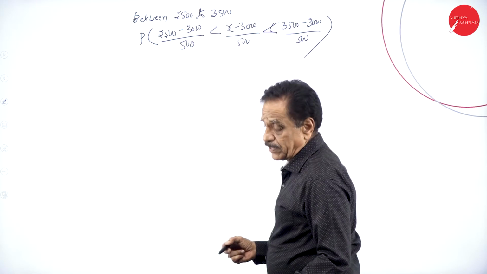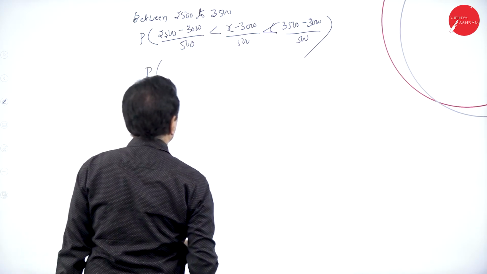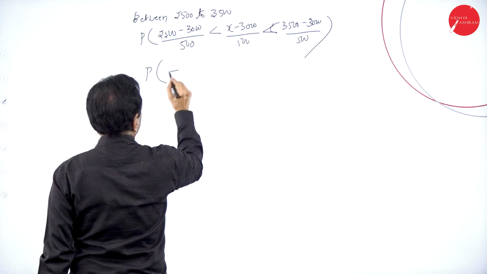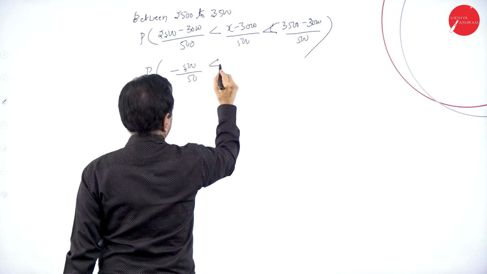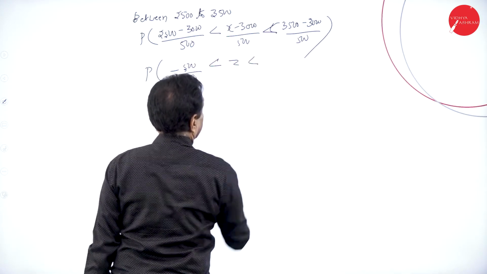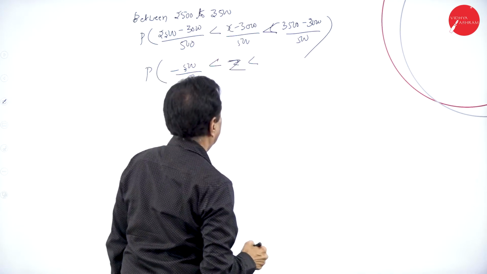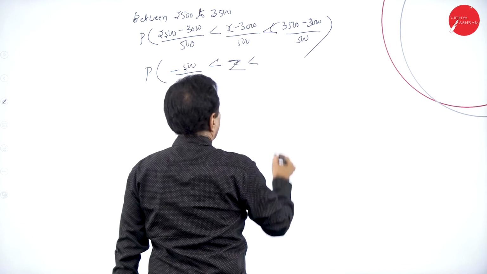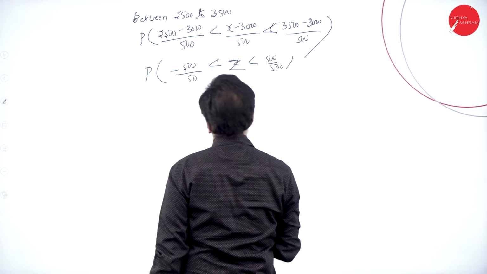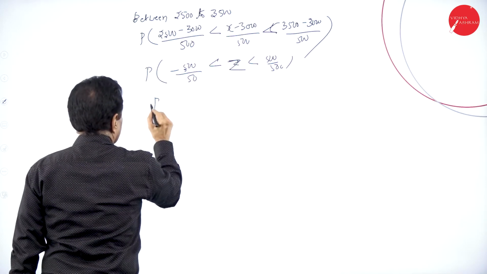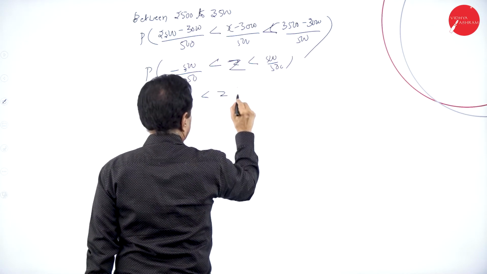This is the way we have to write. Then P: 2,500 minus 3,000 is minus 500 divided by 500, Z less than 3,500 minus 3,000 is 500 divided by 500, positive. So P of minus 1 less than Z less than positive 1.